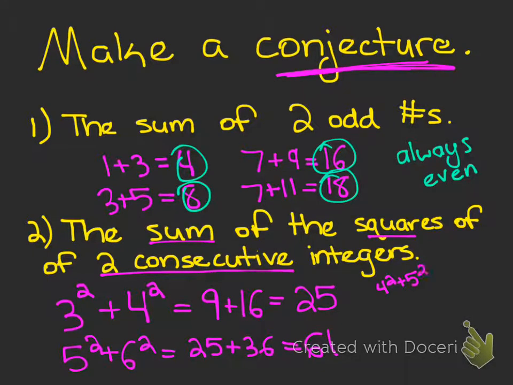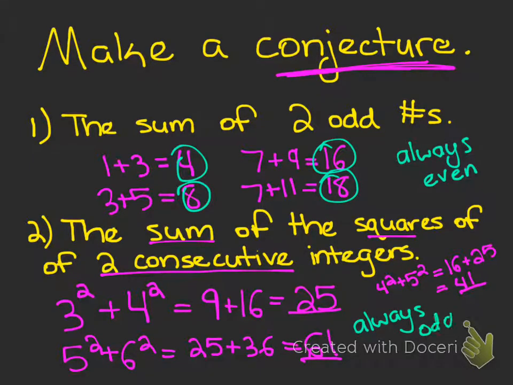Why not? So that is 16 plus 25. So that is 41. So the only thing I notice about all of these sums so far, and we could check a few more, we'd probably get the same thing, is that these are always odd.